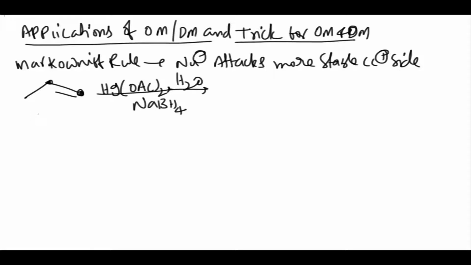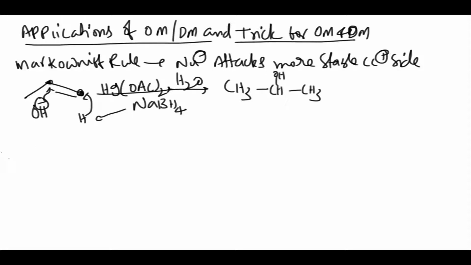Here you add the reagent water. From that water, what is the nucleophile? OH minus. From NaBH4, hydrogen comes out, so hydrogen attaches here. The nucleophile attacks as per Markovnikov's rule, on the more stable carbocation side. This is a trick, students: you just follow it and directly write the product.